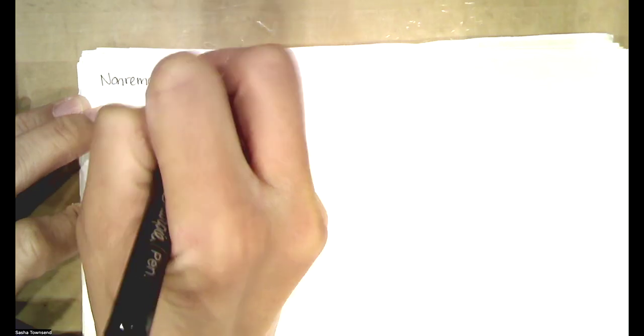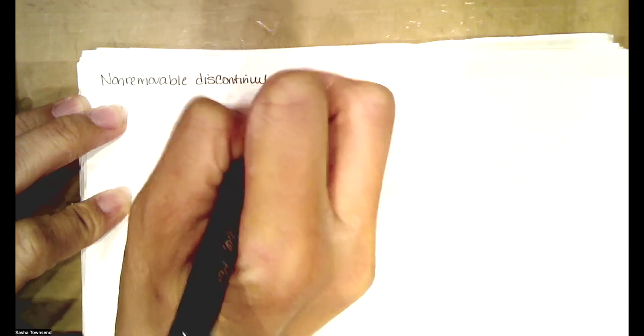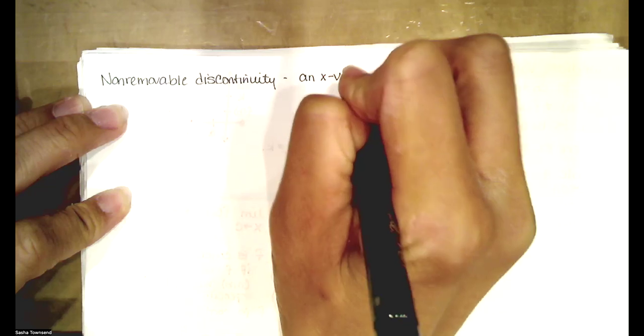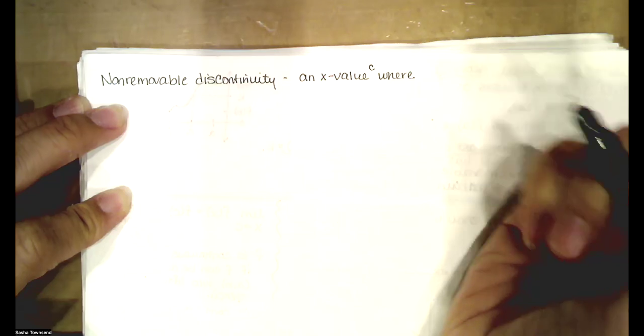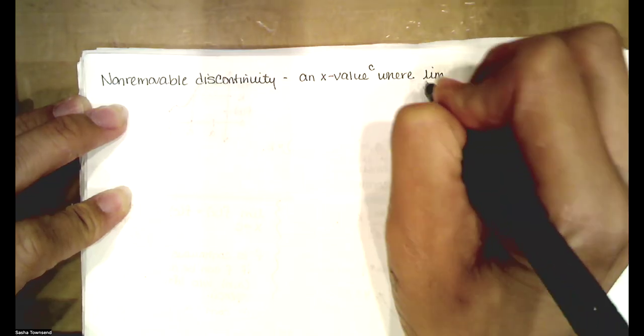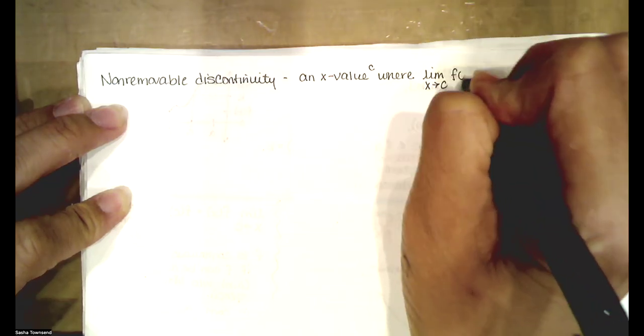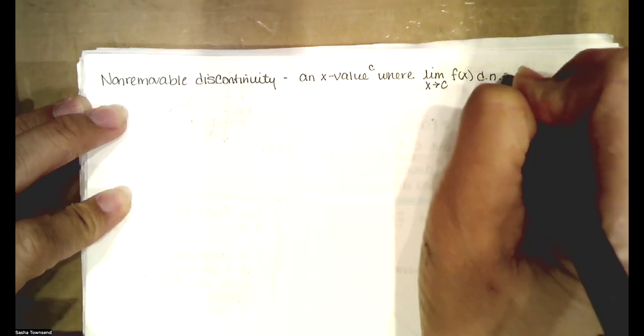Now we've talked about limits that do not exist. Each of those limits that does not exist corresponds to what's called a non-removable discontinuity. It's an x value c where the limit as x approaches c of the function does not exist.